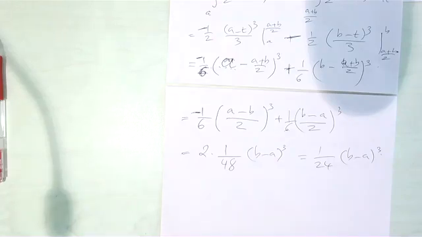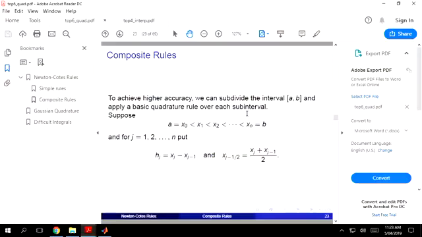So it's like the Riemann sum, you just divide it into n intervals. Then what are the errors?